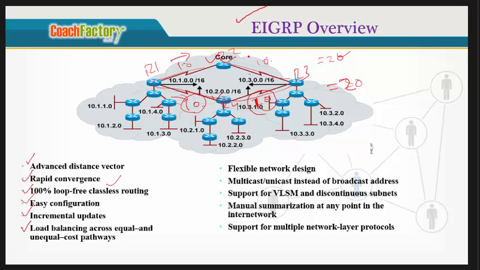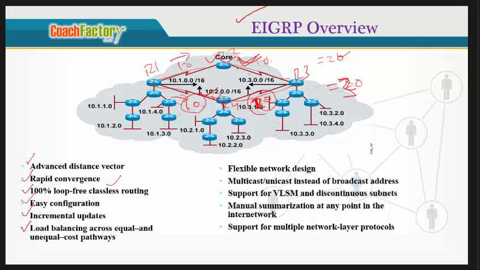But EIGRP has a unique feature. If it has the cost 10 plus 20, 30 over here, and via R2 it's 10 plus 10, 20, then every other routing protocol is going to choose the lowest cost based on their algorithm. So the lowest cost will be selected as the best path. But in EIGRP we can also make this path be selected as a best path along with this path.